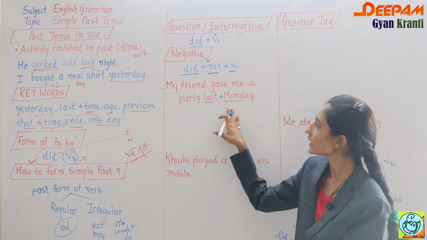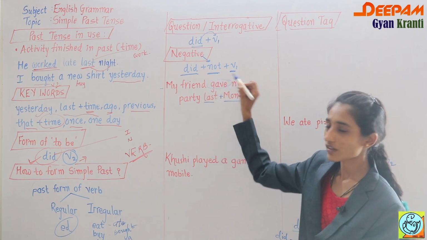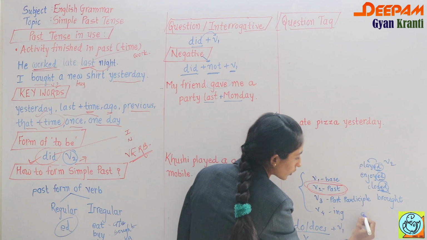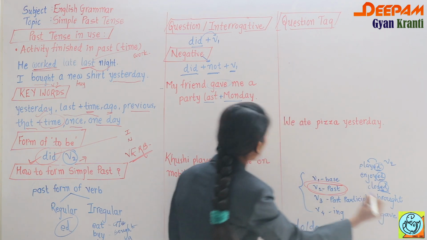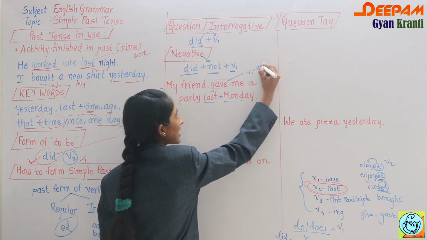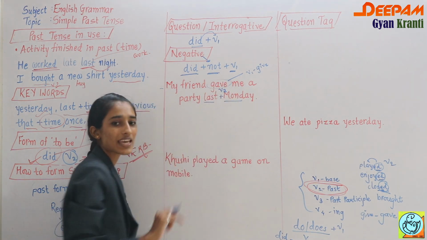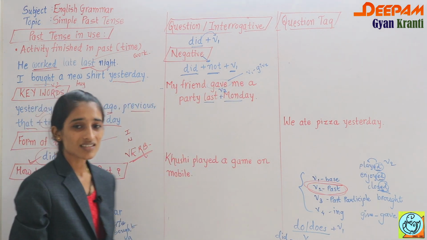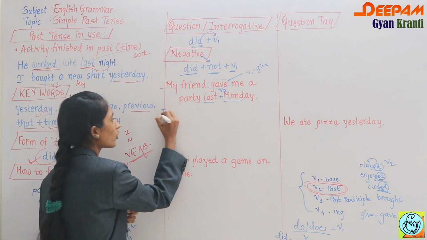And one more keyword is there: gave. Give is the main form, it is irregular, and the past form is gave. So V1 or the main base form is give, and here V2 is given, that is gave. So definitely it's simple past tense.